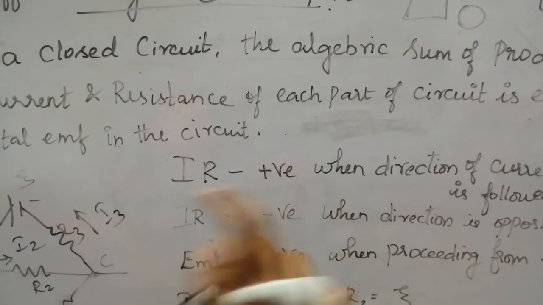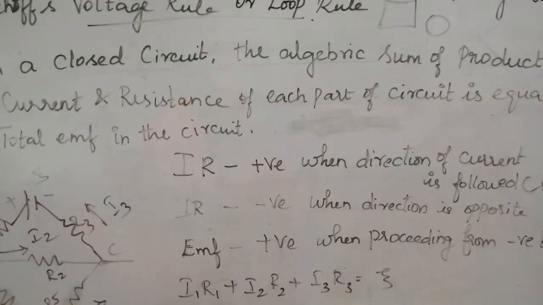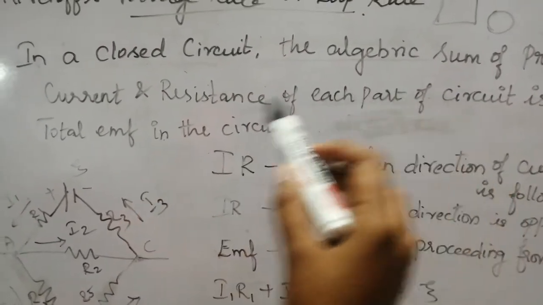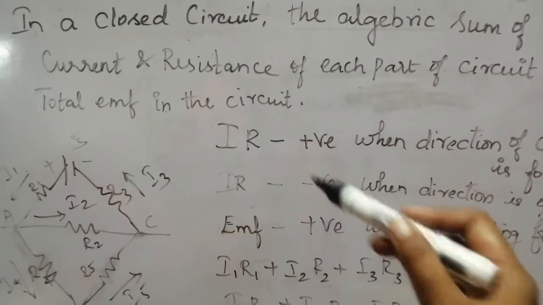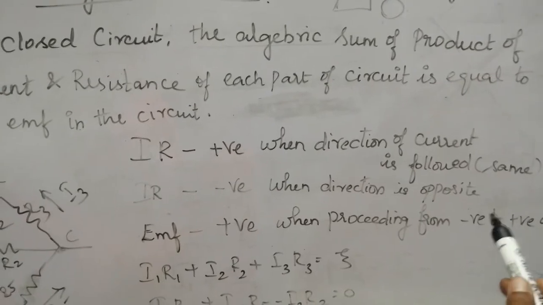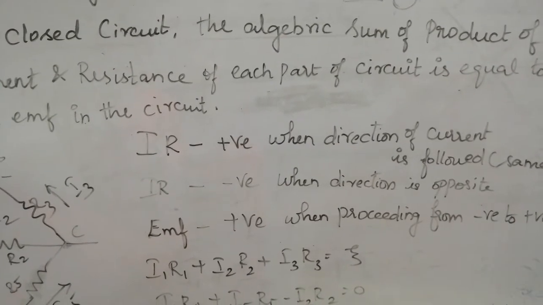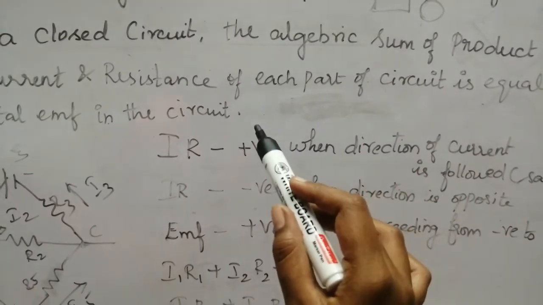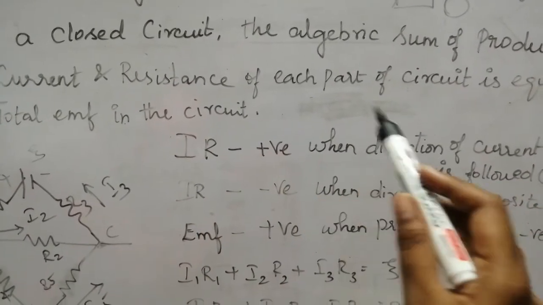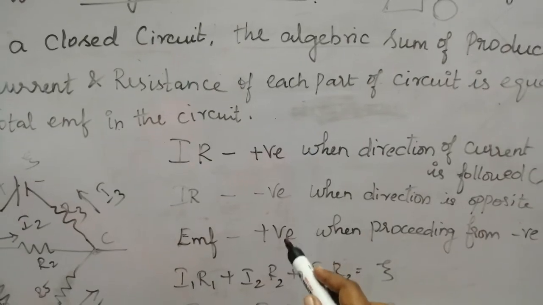You'll understand when you see the circuit here. Similarly, the EMF, as we said, is equal to the total EMF. EMF will be positive when you move from negative to positive. You have to start from negative and move towards positive. If the current flows in that direction in the circuit, then it is taken as positive.